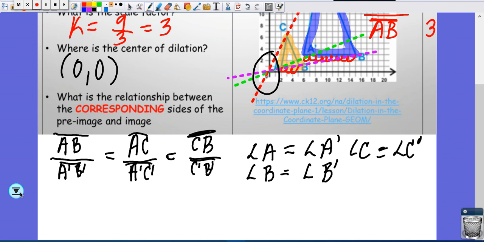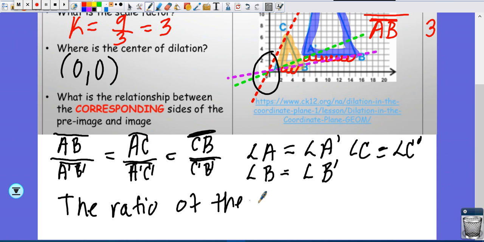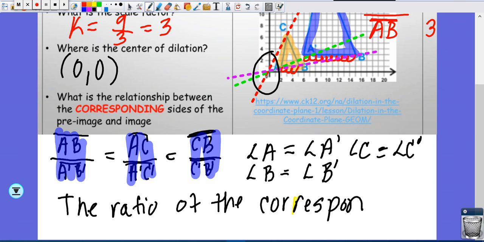So the wording says the ratio of the corresponding, and this is called a ratio right here. These are called ratios, okay? So the ratios of the corresponding sides are equal.